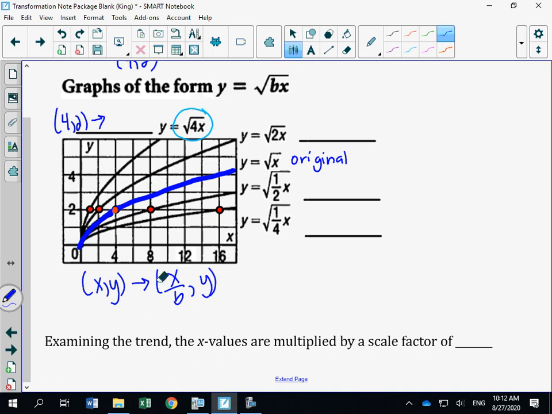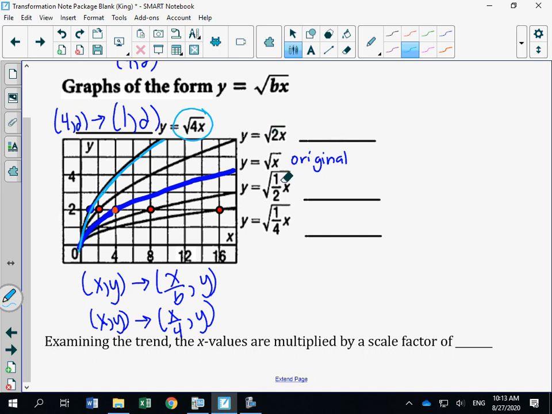Now, if our b value is 4, our new point is x comma y to x over 4 comma y. So take that x coordinate, which is 4, and divide it by 4. Our new point is 1, 2, and here would be the point 1, 2. So if my b value is 4, my new graph is now this guy here.